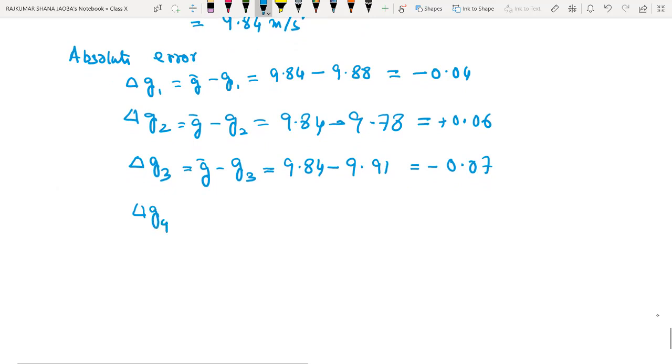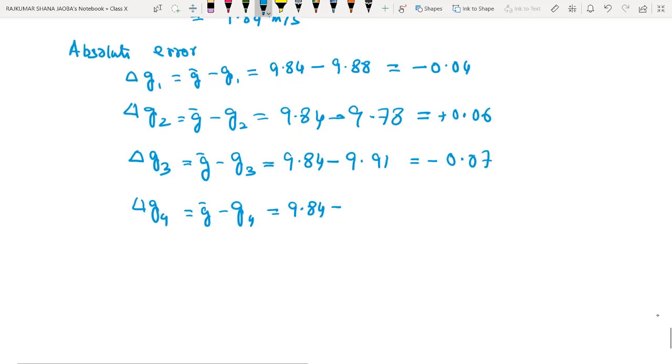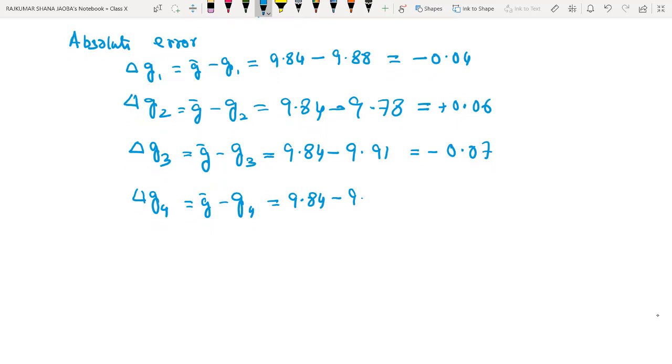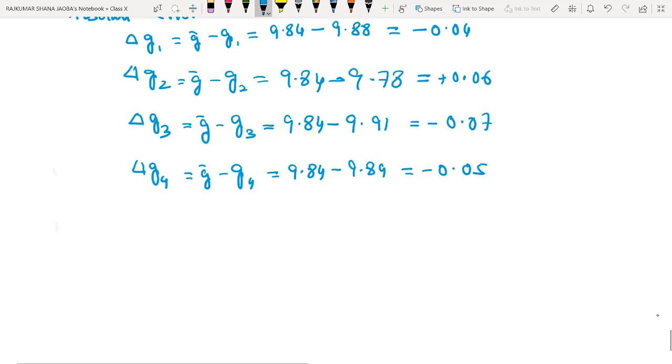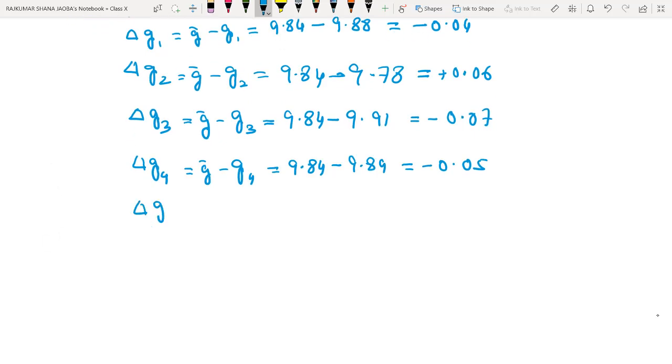Delta G4 equal to G bar minus G4 equal to 9.84 minus 9.89 equal to minus 0.05, and delta G5 equal to G bar minus G5 equal to 9.84 minus 9.77 equal to plus 0.07.